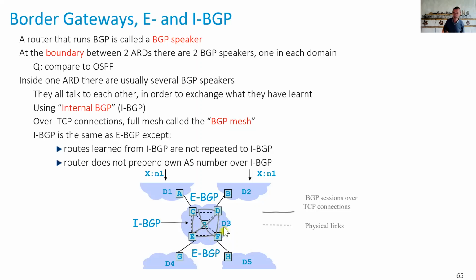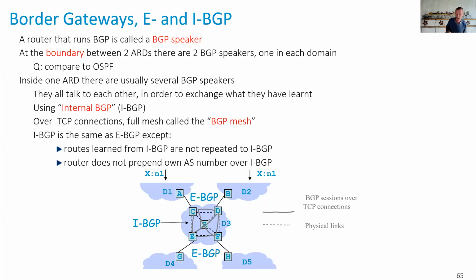First, for allowing the internal network of the domain D3 to get all the information, and also to participate in global BGP to pass the information. For example, C receives information from A, and it needs to forward it to E so that E sends it to G. So we also need an internal mechanism to disseminate the information that is learned via the boundaries, via the external peering. This protocol is also exactly BGP.